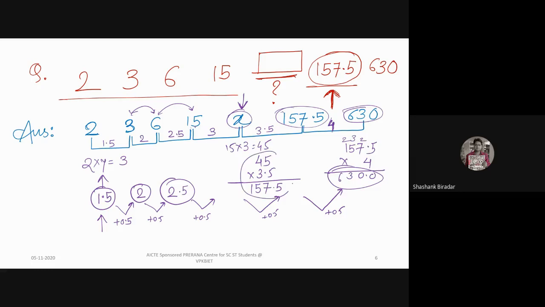You just verify this and comment in the chat box. Then we will confirm that our logic is working correctly. Is it correct? Just verify. Yes, right? So you have got this answer.